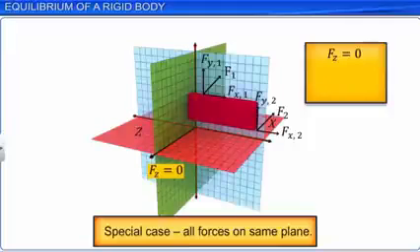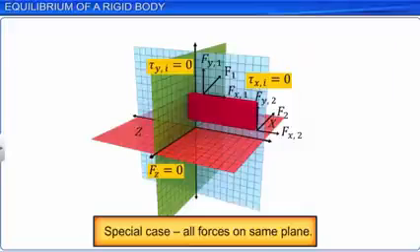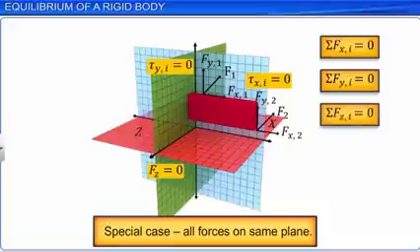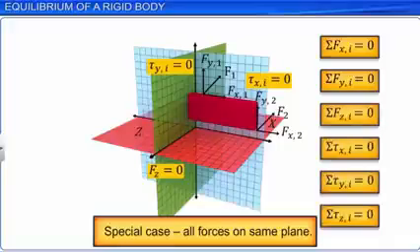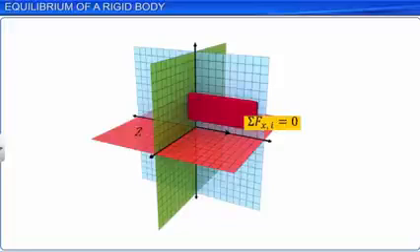In such cases, we need not consider all the 6 equations discussed above to find out whether a rigid body is in mechanical equilibrium. Instead, the body will be in mechanical equilibrium if the following 3 equations are true. Sigma Fxi is equal to 0. Sigma Fyi is equal to 0. And sigma tau zi is equal to 0.